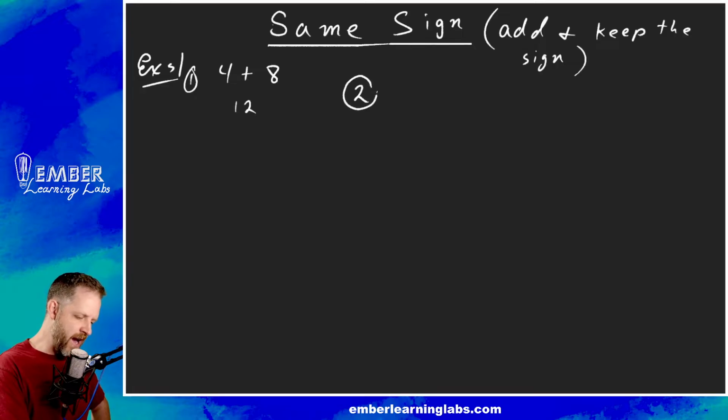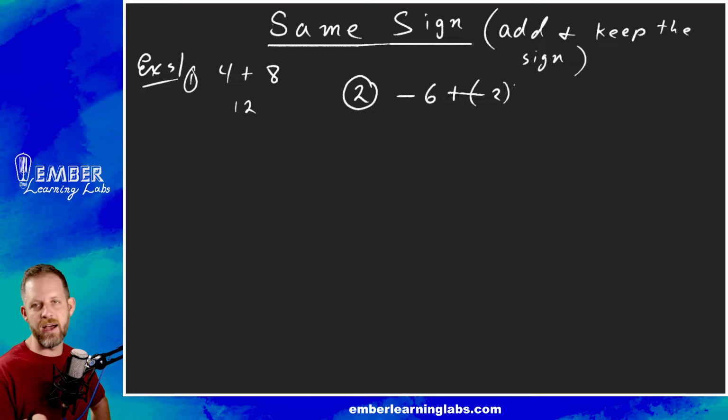All right, what if we have -6 plus -2? The only reason we put these parentheses on a problem like this is for clarity, so we don't accidentally sling that plus and minus together and have some weird thing if our handwriting isn't quite up to snuff.